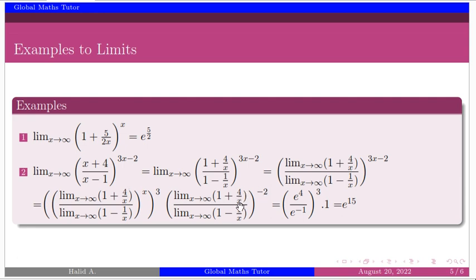But here 4 over x is 0, so 0 to the power of minus 2 or any number will be 0. So this will have a value of 1 over 1. Multiplying by these values, that means e to the power of 4 over e to the power of minus 1, the whole cubed, times 1, which gives e to the power of 15.